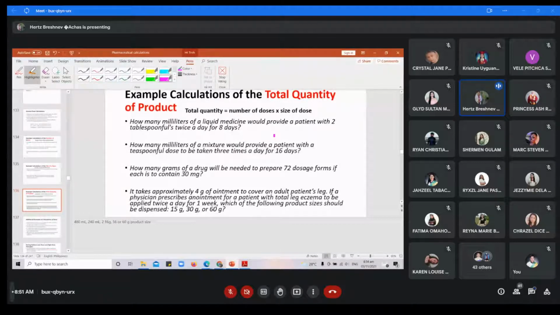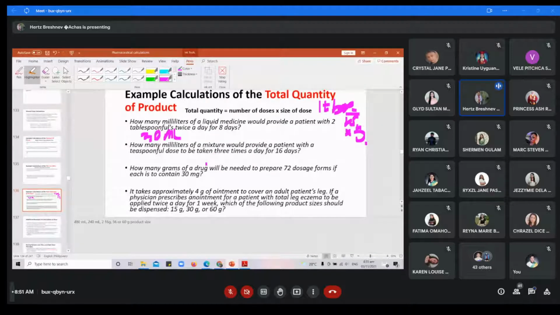Now, ang giingon diri is 2 teaspoonful man. So you need to times that by 2. So 30 ml. So that 30 ml is equivalent to 2 teaspoonful because ang isa ka teaspoonful 15 ml man.